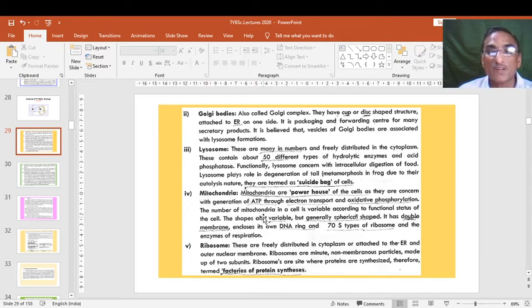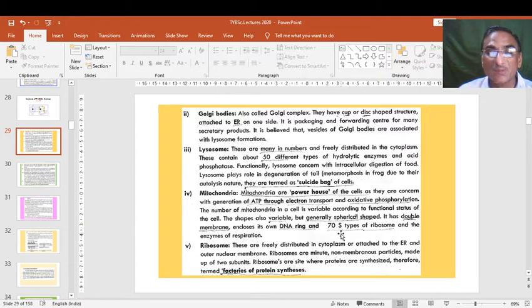The number of mitochondria in a cell is variable according to the functional status or the physiology of the cell, and the shapes are also variable, but generally they are spherical, or mostly we say mitochondria are spherical or rod shaped.